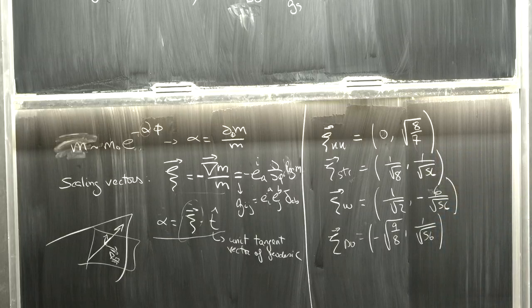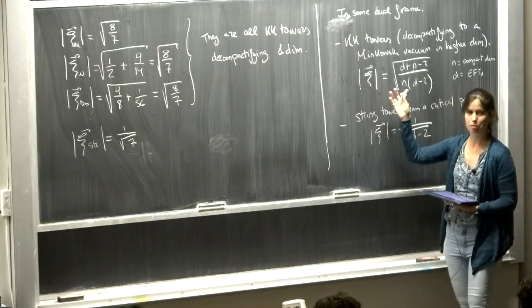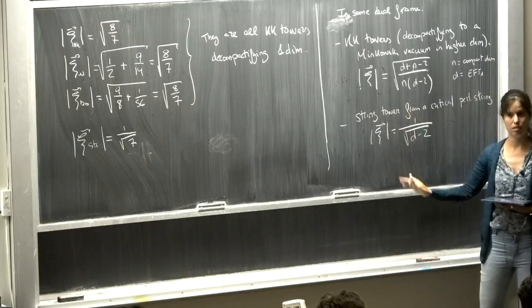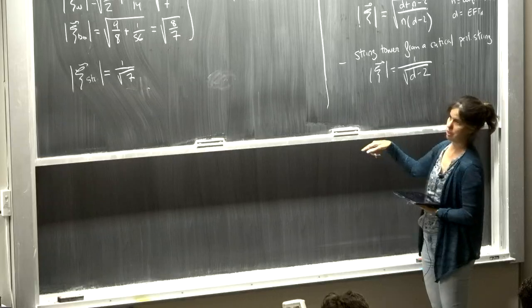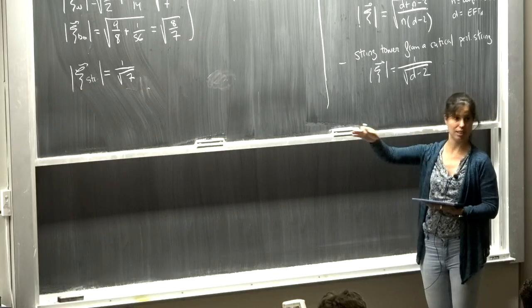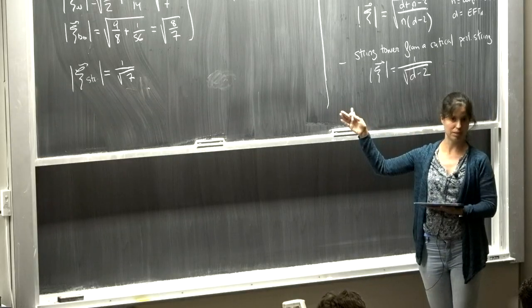But then the message is that the modulus of these vectors, which are related to the exponential rate, is fixed by the microscopic nature of the tower. Okay. This is something that seems obvious now, but when this conjecture was formulated, they just said that alpha was a random parameter.